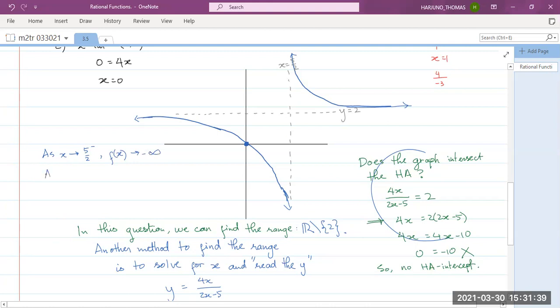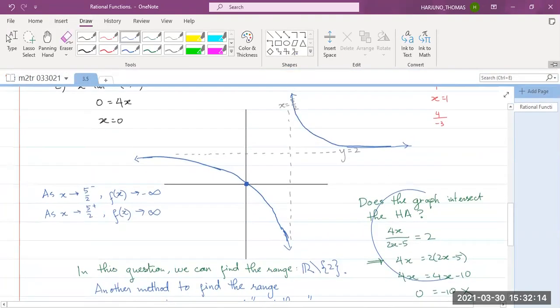On the other hand, as we approach 5/2 from the right-hand side, the value of the function is approaching positive infinity. Okay, now this is the first question, number 14.